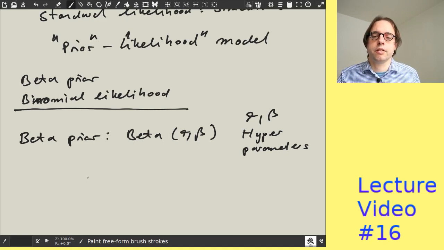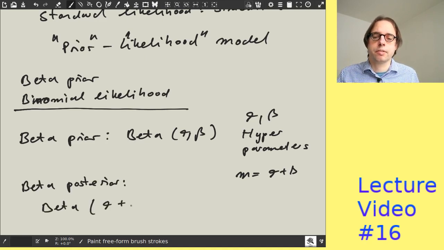We define m as alpha plus beta, and because we use the binomial likelihood, we get a beta posterior with alpha plus x and beta plus n minus x.